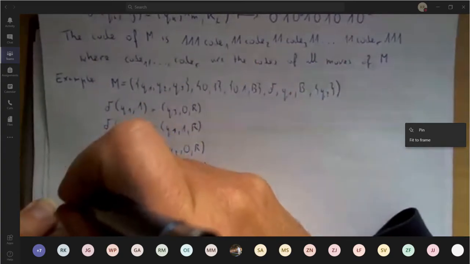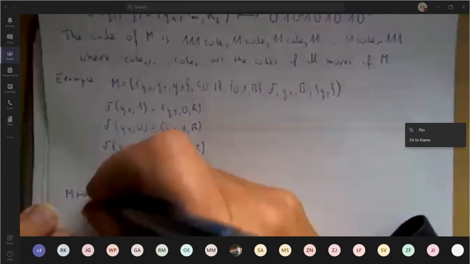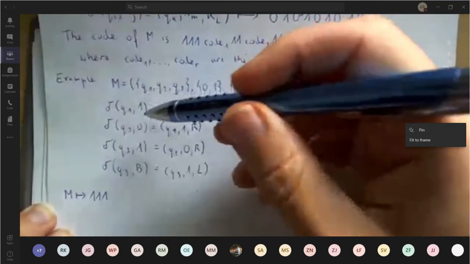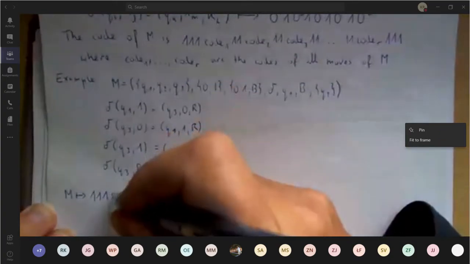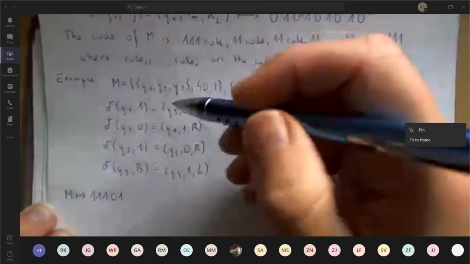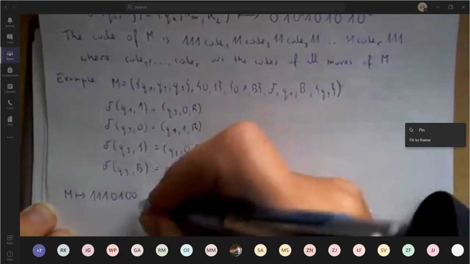Okay, so the code of M is the following. We start with 3 ones, then the code of the first move. So this is 1 0 for Q1. 1 is x2, so now we have 2 zeros. That means 1 1.